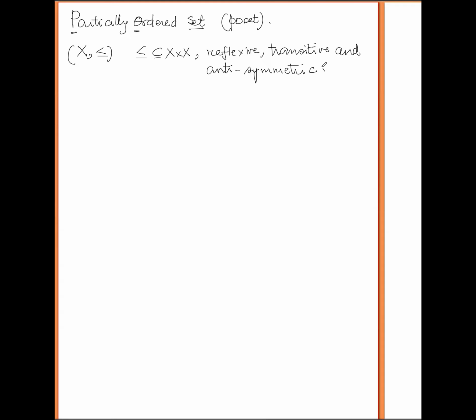Now, the usual picture that one can think of is obviously trying to picture it like this, where you have a set X and you draw a line like this to say that A is less than or equal to B. The antisymmetry says that if you also have a line in the other direction, then they must be equal. So if they are separate, there's only a line in one direction.